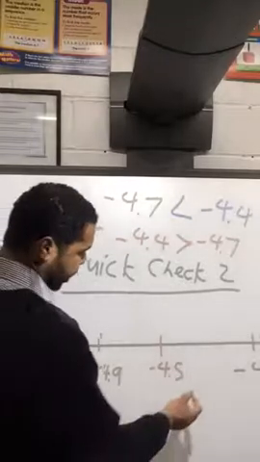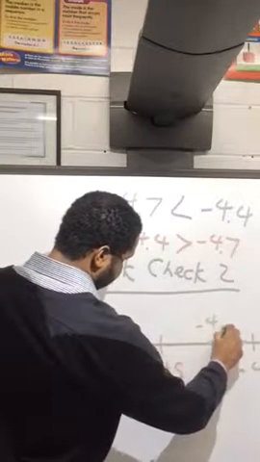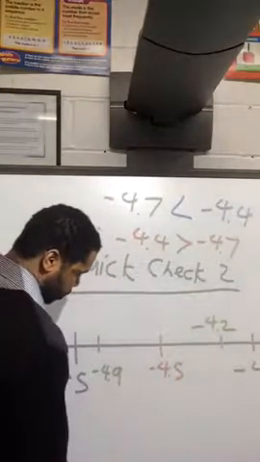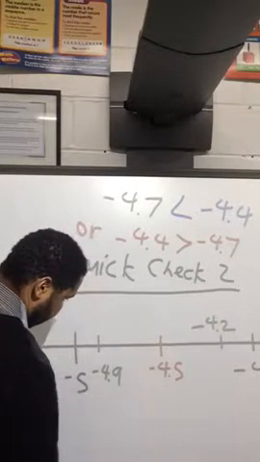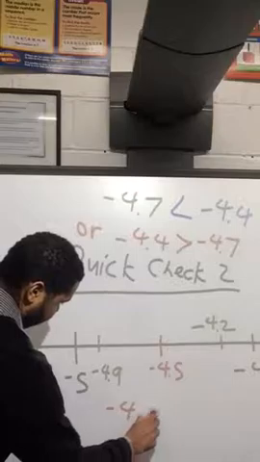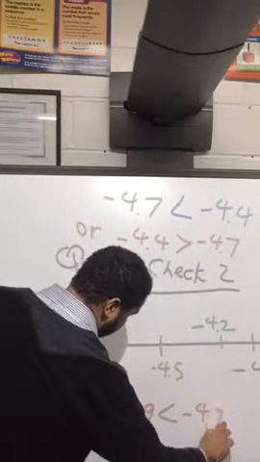Similarly, negative 4.2, I know this is a brain twister. Negative 4.2 has to be closer to negative 4 than it is to negative 5, which has us concluding that negative 4.9 has to be less than negative 4.2.